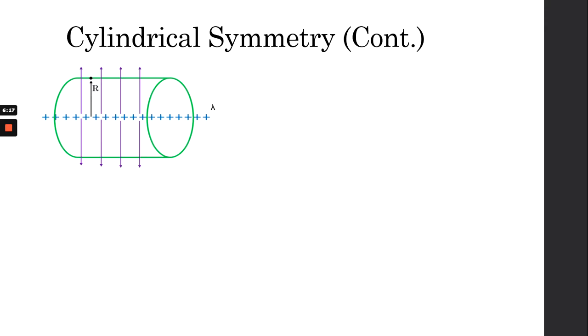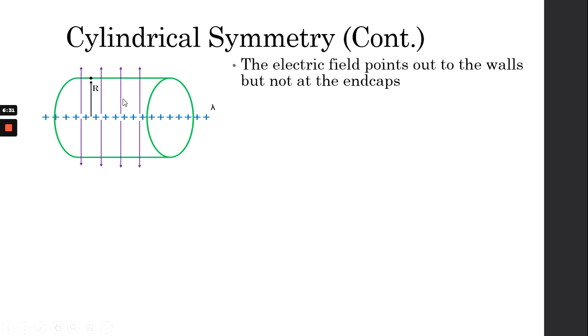So let's take this. Having said this, remember this green cylinder here is your Gaussian surface. It's your imaginary surface that you have to create in order for you to solve this electric field. So the electric field of this line of charges is pointing to the walls but not at the end caps.